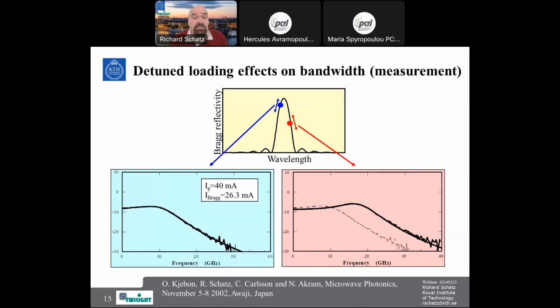So utilizing this, you can see here experimental results. Here we are located on the short wavelength flank, then we get a low bandwidth. Here we are located on the long wavelength flank, and we get a much enhanced bandwidth here, you see. It's in the DBR laser.